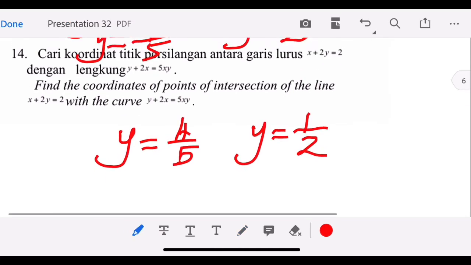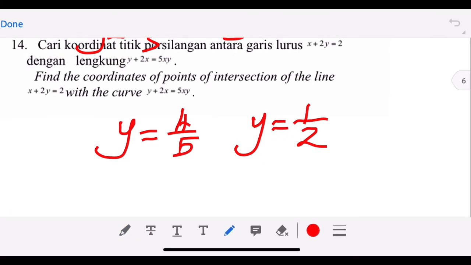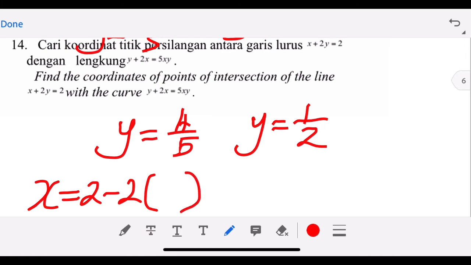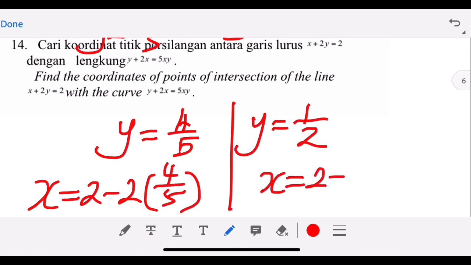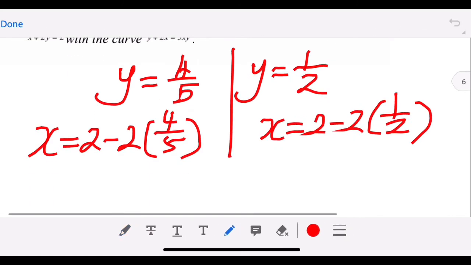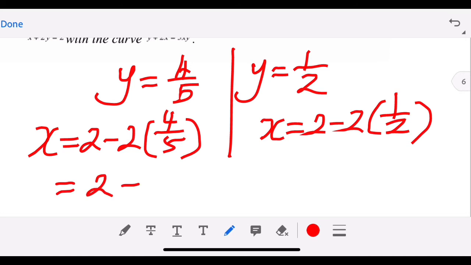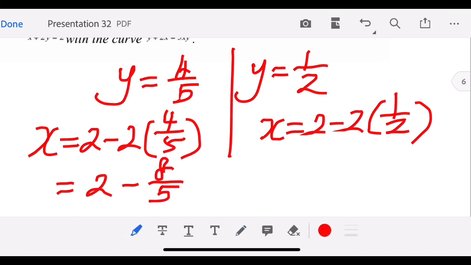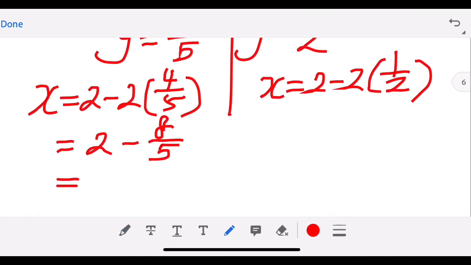For the corresponding y, you need to find the x. Remember, our x is 2 minus 2y, so we'll substitute the y. Here also 2 minus 2 times 1 over 2. We will solve it carefully. 2 minus 8 over 5, that means you will take 10 minus 8.